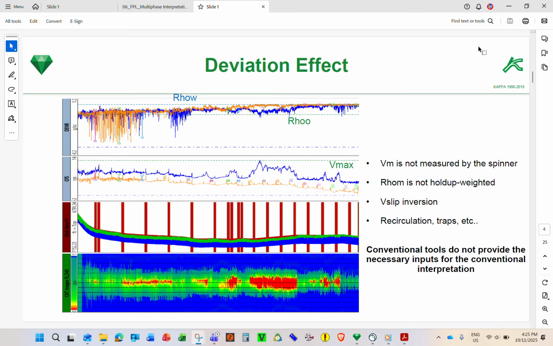Phase inversion, slippage can be negative because it's going downhill. Slippage negative means the heavy phase goes faster than the light phase. Recirculation, you might have some recirculation when you are at 90 degrees, for example. Maybe you have some water moving up, but not enough velocity to recirculate down.